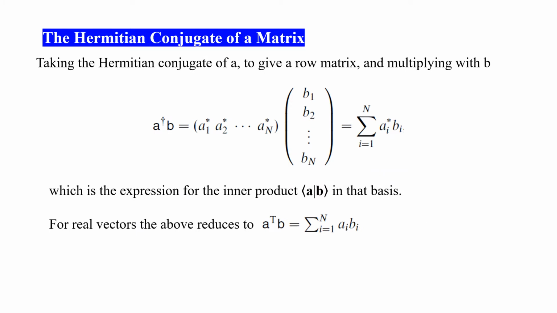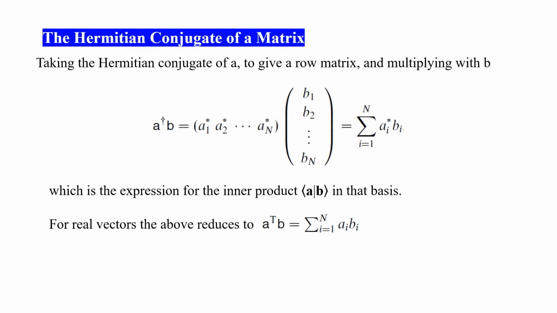In the previous slide, we stated that ket A can be represented by the column matrix A, and bra A is represented by the row matrix.